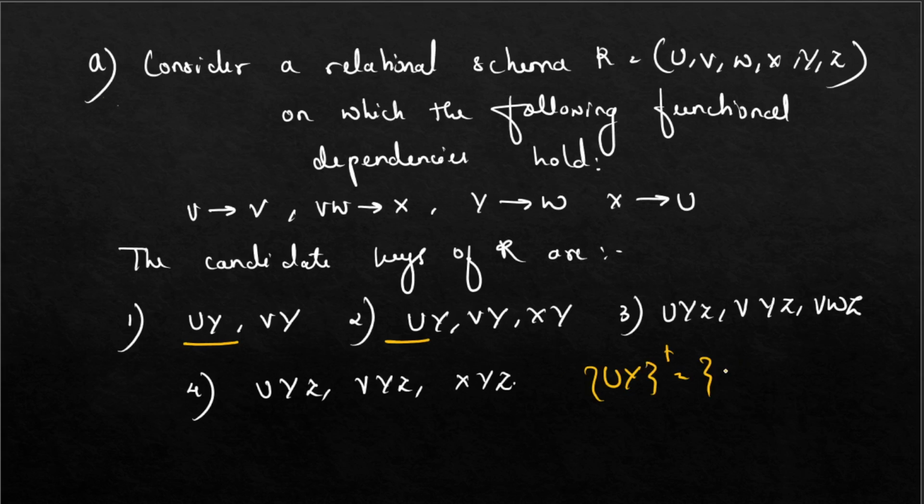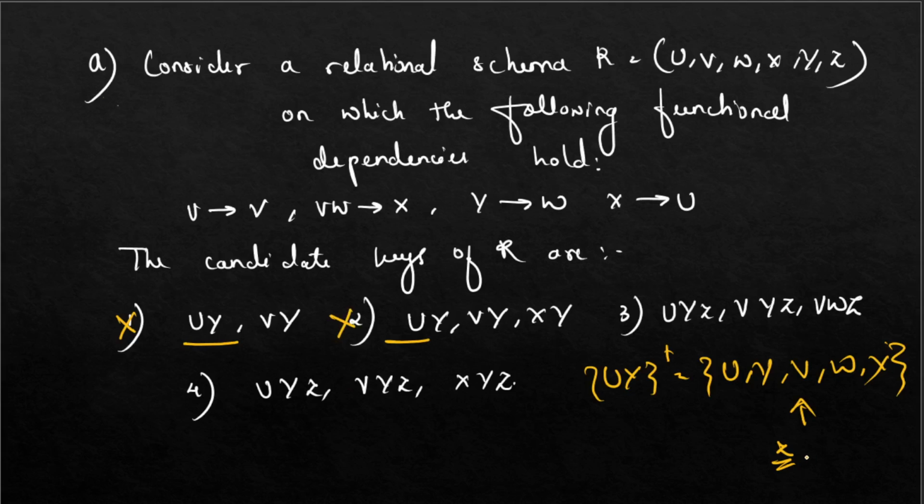So U will definitely determine U and Y. U determines V, Y determines W, VW determines X. Okay, but here Z is missing, so UY is not a key. So directly we can cancel option 1 and option 2.